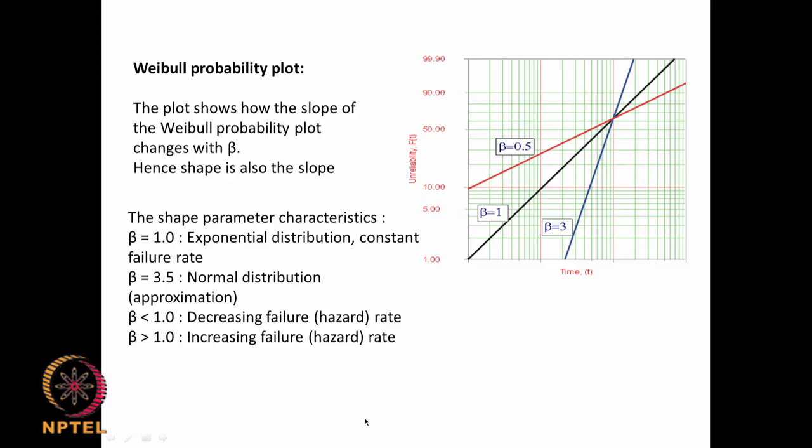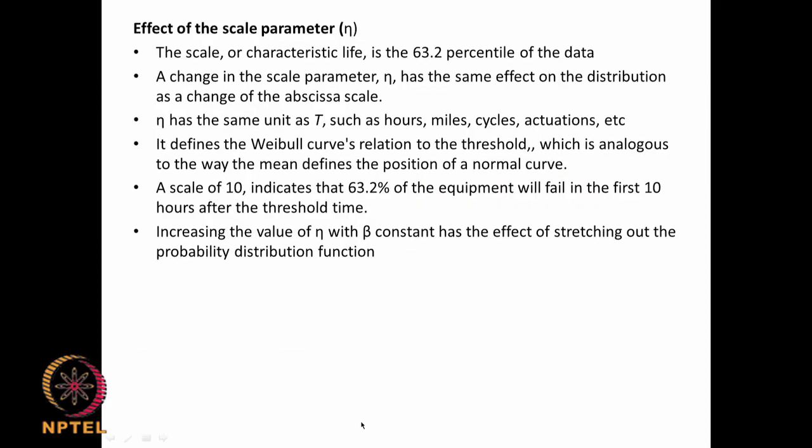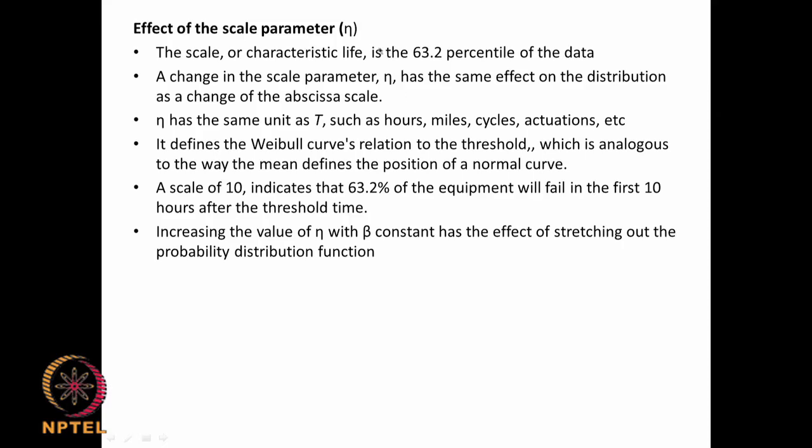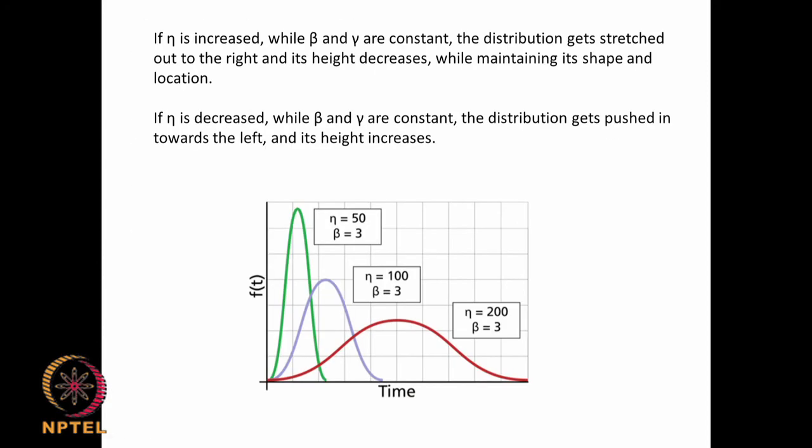So, irrespective of time, failure happens regularly, whereas eta is like moving your curve to the right. The larger the eta, the longer it is for failure. So, if eta is equal to 10, it indicates 63.2% of the equipment will fail in the first 10 hours after the threshold time. Okay.